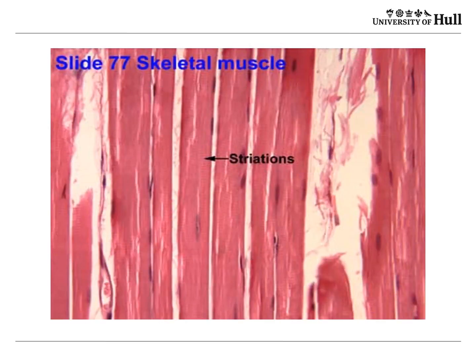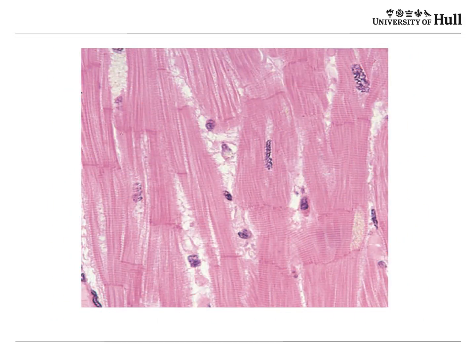Skeletal muscle looks in some ways similar to cardiac muscle. You can see the striations or stripes within it. However, it's composed of long single strands which are not branched. Again, contrast that with a typical section of cardiac muscle.